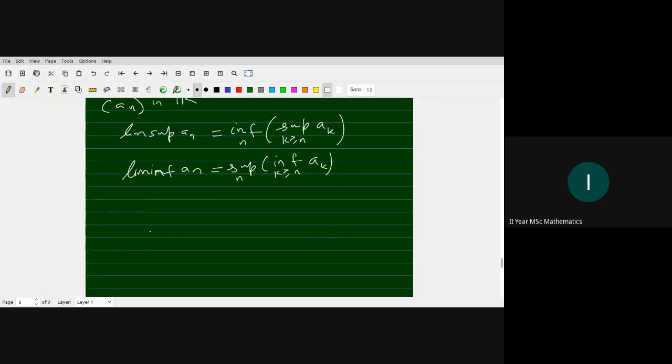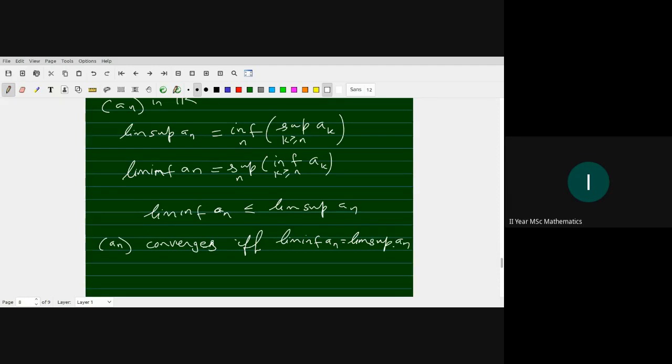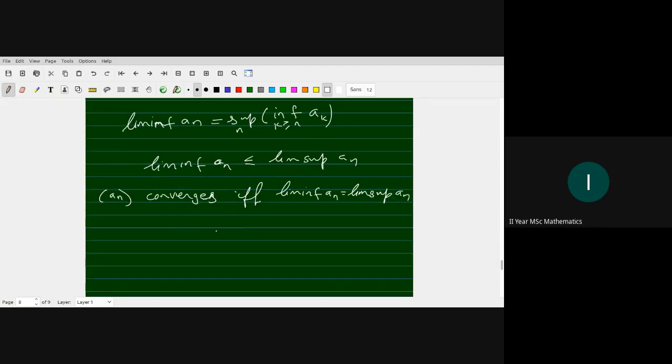It is clear from this definition that the limit infimum of a_n is less than or equal to the limit supremum of a_n. The sequence a_n converges if and only if the limit infimum equals the limit supremum. If both are equal, we say that a_n is convergent, and the limit of a_n is the common value of the limit infimum and limit supremum.